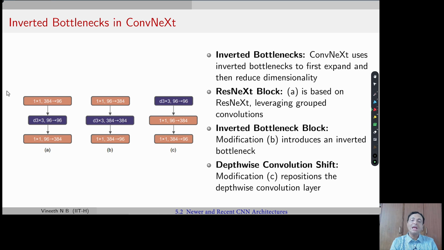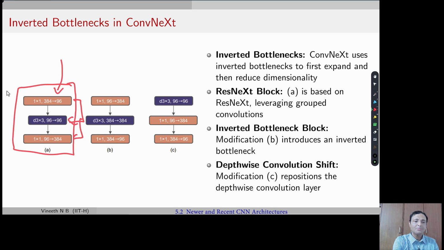They also take the inverted bottleneck element of transformers and bring it into CNN architectures. You may recall that in ResNets as well as ResNeXt, the architecture includes block elements where initially there is a downsampling of 384 to 96 using a 1x1 bottleneck convolution. This is subsequently processed using a 3x3 convolutional layer, which is then upsampled before going to the subsequent block.